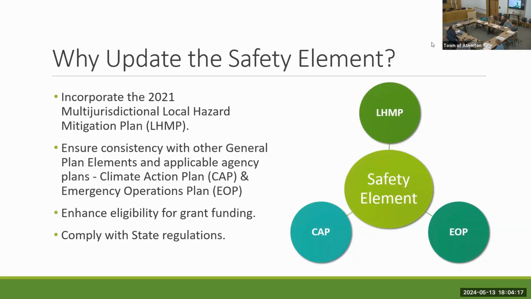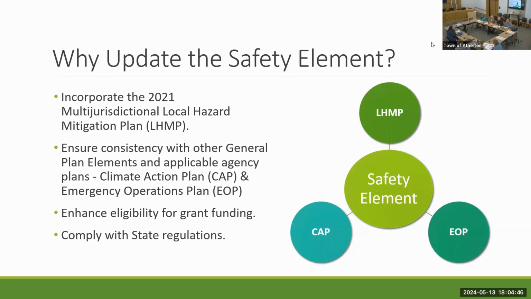We also want to broadly ensure that it's consistent with other general plan elements or other policies adopted by the town. For example, the town has a climate action plan, and an emergency operations plan that has been most recently used throughout the pandemic, but it can also be effective during any sort of wildfire or flooding event.